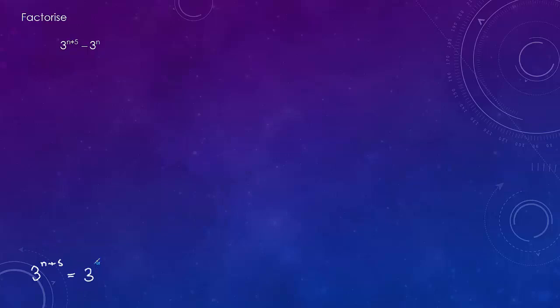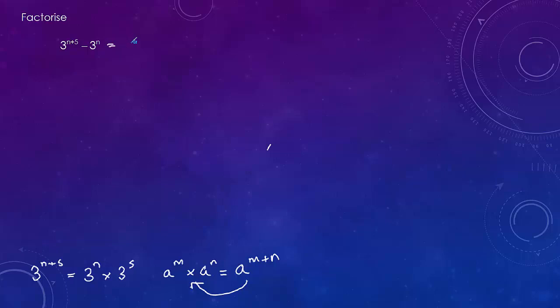We could write that as 3 to the n multiplied by 3 to the 5. We're just applying the index law, a to the m multiplied by a to the n is a to the m plus n, but we're applying it in this direction.